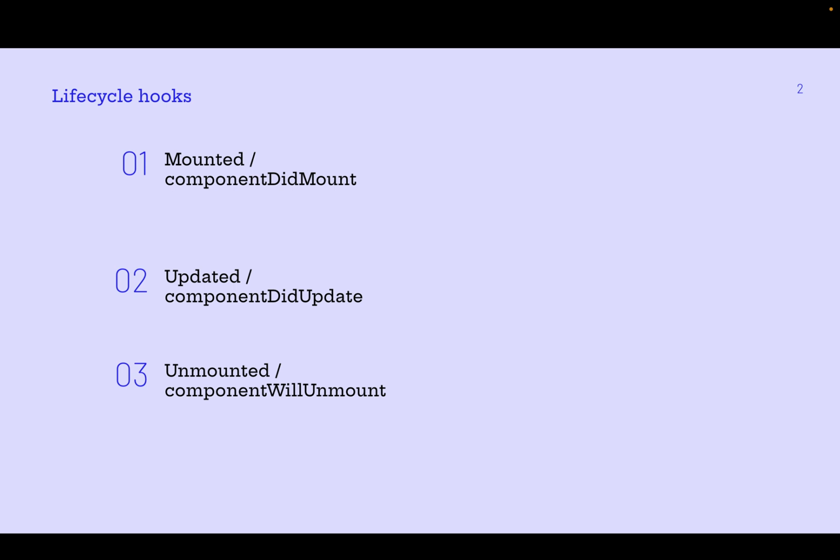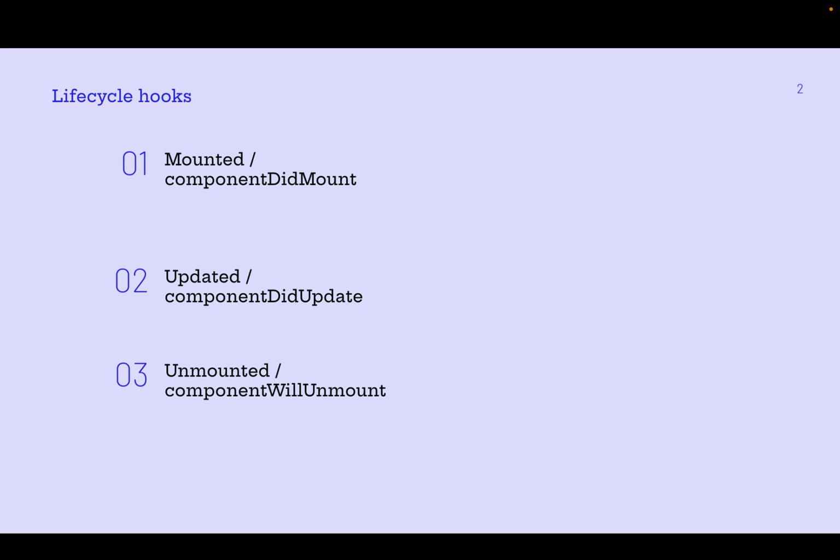Unmounted is not the name of the lifecycle hook. The main lifecycle hook name is componentWillUnmount. It means that the component is removed from the DOM, and all the handlers that were created when the component was mounted, and if there are any timers, they are cleared.